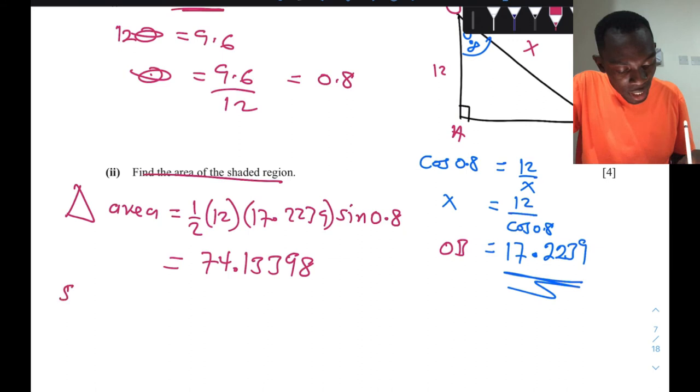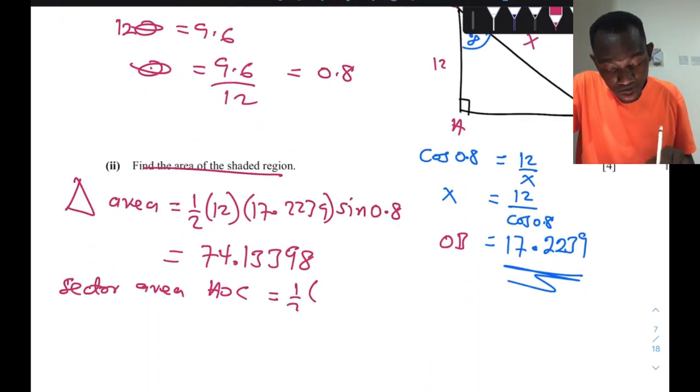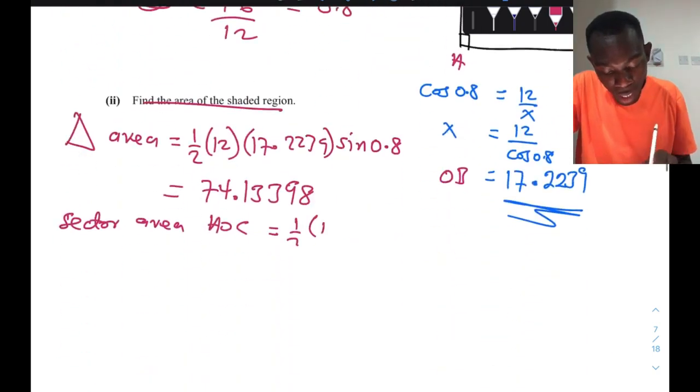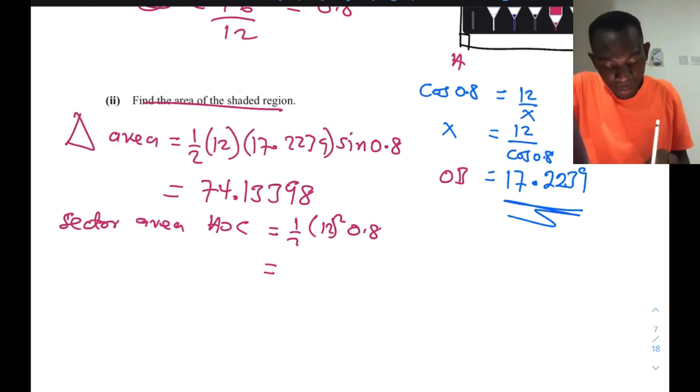Then I need the area of the sector AOC. So sector area AOC will be equal to half r squared theta. What is the radius? Radius is 12, so half times 12 squared times 0.8, and that is 0.5 times 144 times 0.8. That is 57.6.